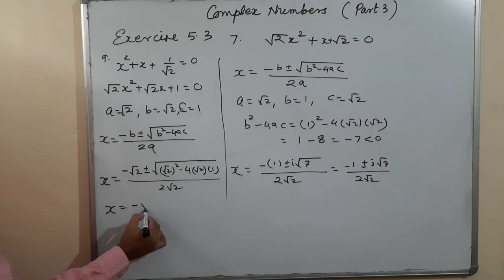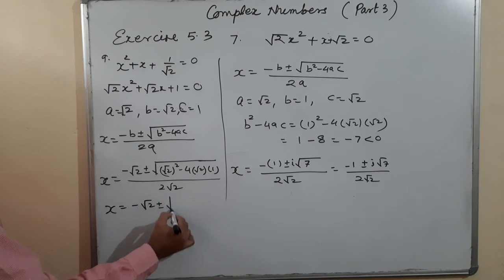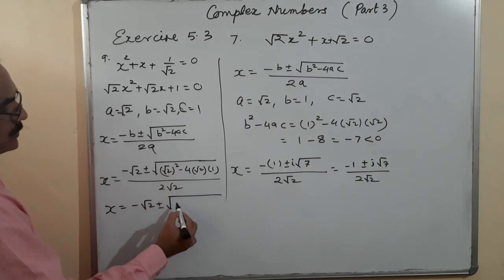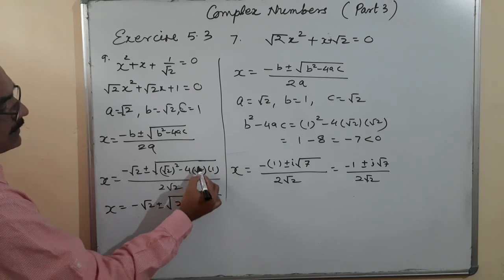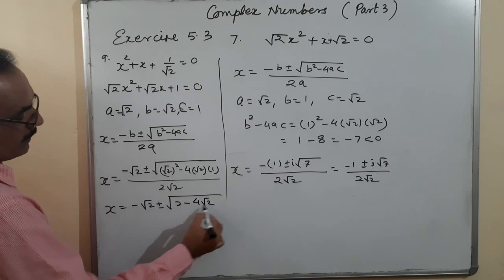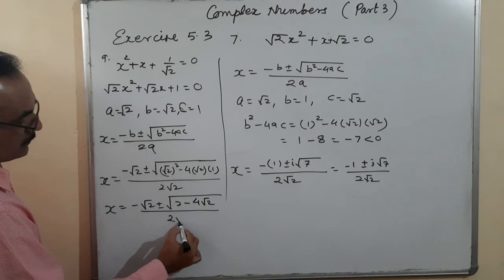Therefore, x is equal to minus root 2 plus minus under root of root 2 square minus 4 into root 2 into 1, upon 2 root 2.